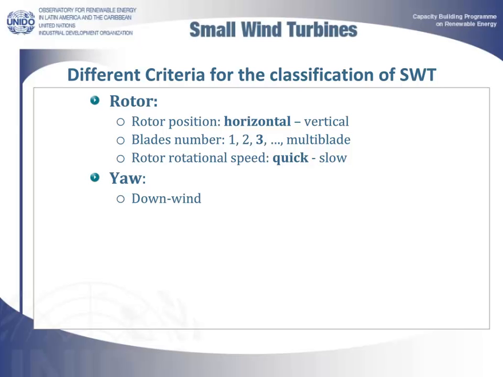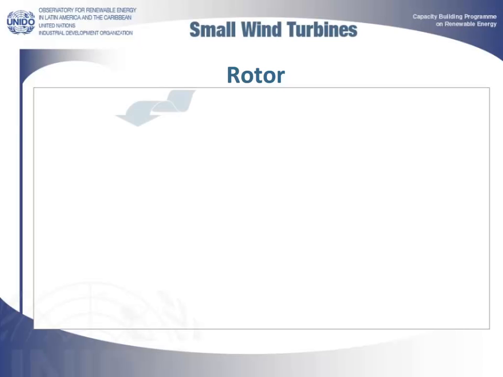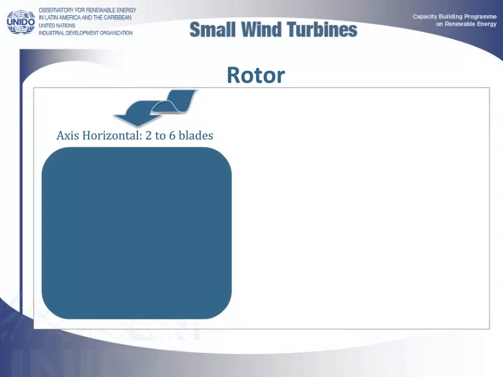However, there are other classification criteria displayed on the slide, where the most common options have also been highlighted within each classification criterion. Horizontal axis rotors are characterized because they turn their blades in a plane perpendicular to the incident wind direction, while in vertical axis rotors, rotation occurs in a plane parallel to that direction.